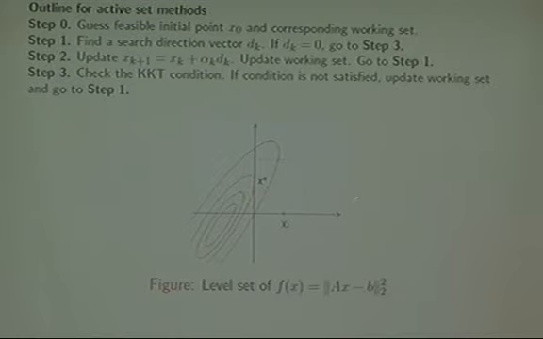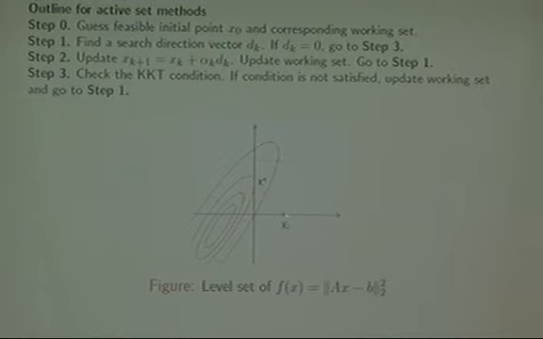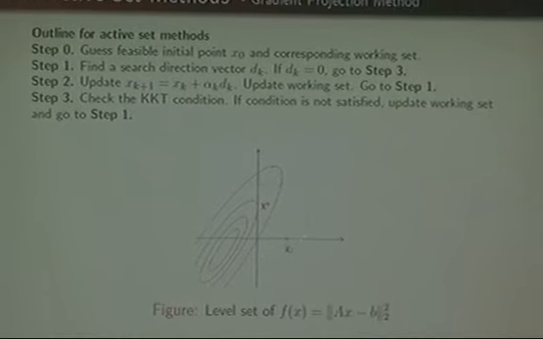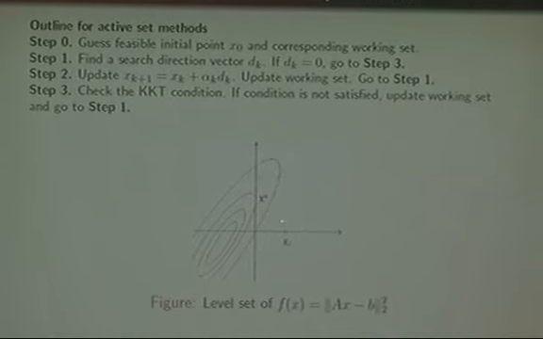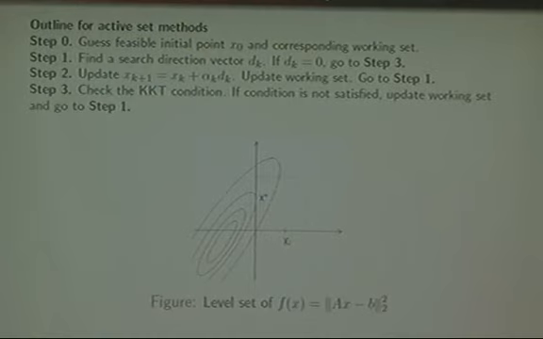If you take this as 0 and take the Lagrange multiplier here, then the multiplier becomes negative. So the solution cannot lie in that subspace. That's what the KKT condition tells us.